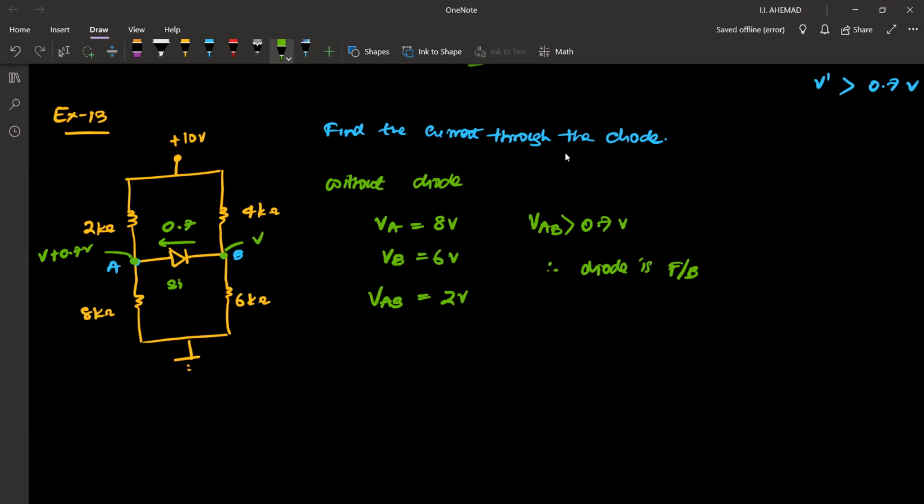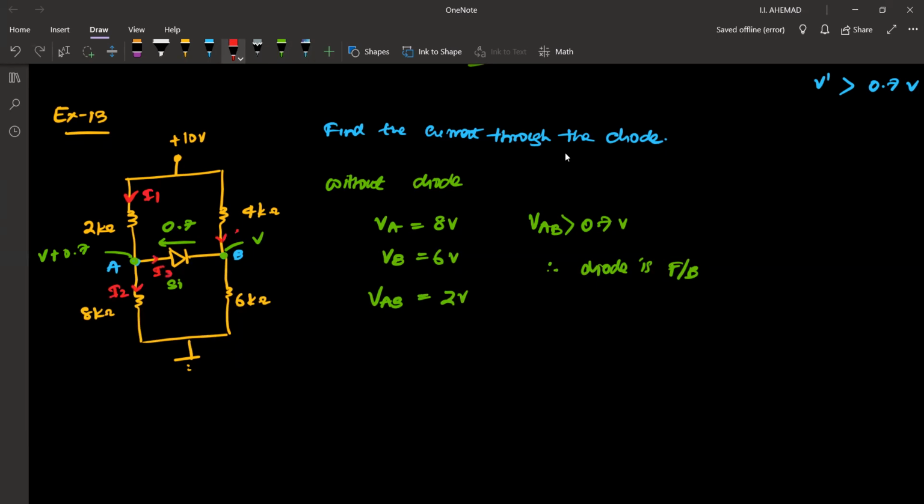Now, how many unknowns do we have? We have only one unknown to find. Can you remember nodal analysis? In nodal analysis, what we were doing is we were equating the current. Here, let's say current through this is I1 and current here is I2 and this is I3.